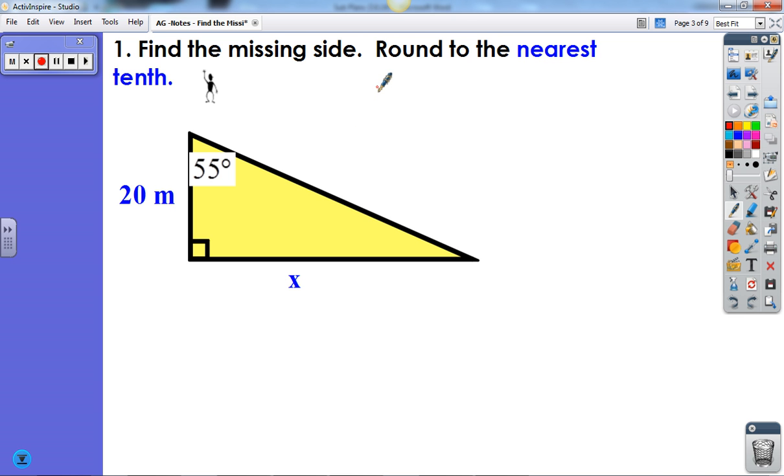So of my three trig ratios, sine, cosine, and tangent, which one uses opposite and adjacent? That would be tangent. So now I'm going to set that ratio up as the tangent of the angle, and now I actually have that angle measure, is equal to the opposite side over the adjacent side.